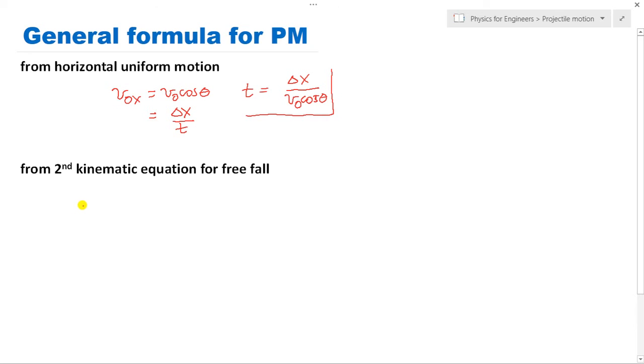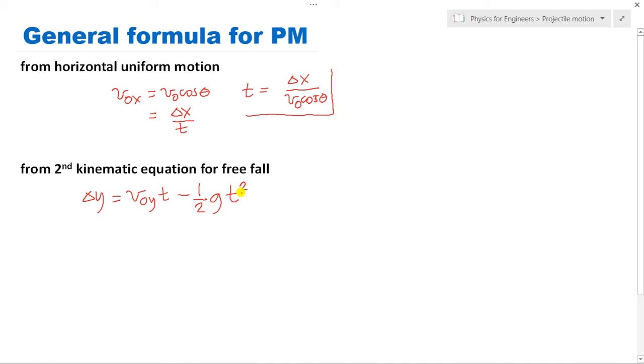And then here, from the second kinematic equation for free fall, so ano yung second kinematic equation natin sa free fall? This is delta y is equal to velocity along y times the time minus 1/2 g t squared.